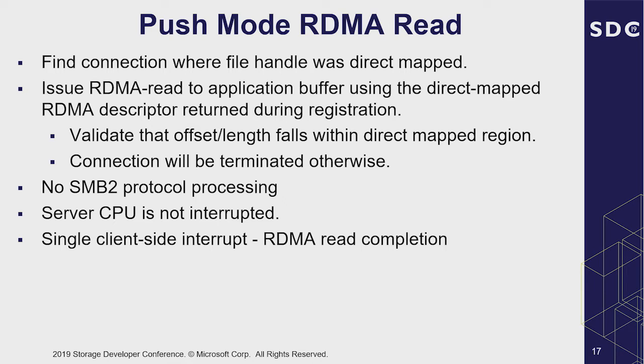And there is just one client-side interrupt which gets generated when the RDMA read completes, so that you can complete the read back to user mode or whoever the caller is. So essentially, we have gone down from at least 2 server interrupts to 0, and on the client side it remains the same. Previously, you would get an interrupt when you receive the SMB2 response from the server, and there is no protocol processing at all.